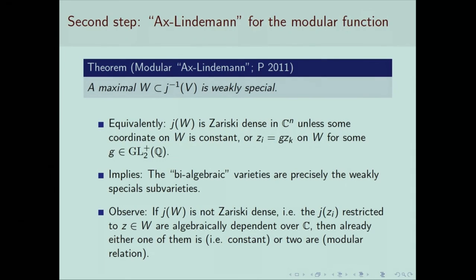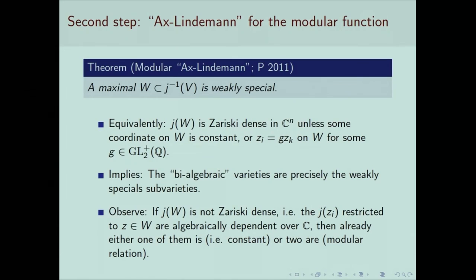They leave the upper half space, but so if you like, an algebraic subset of H to the N simply means a connected complex analytic component of W intersected with H to the N, for a true algebraic subset W of C to the N.